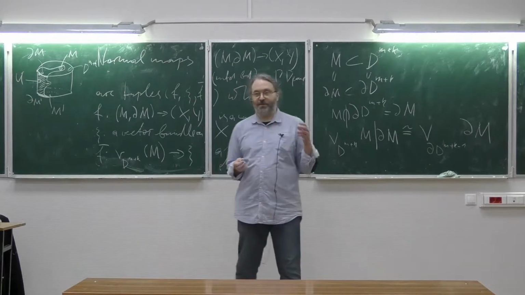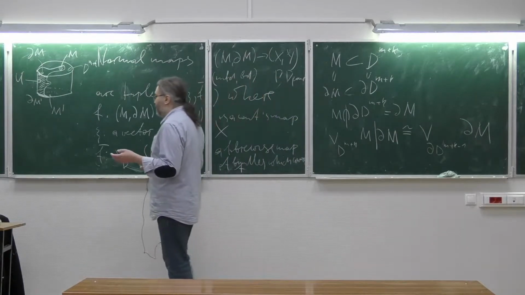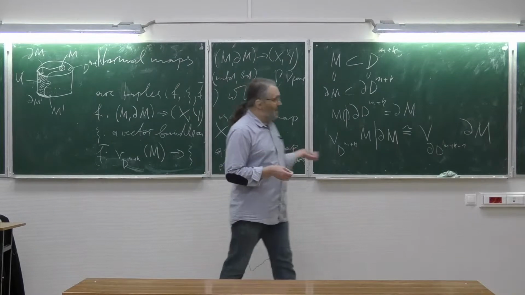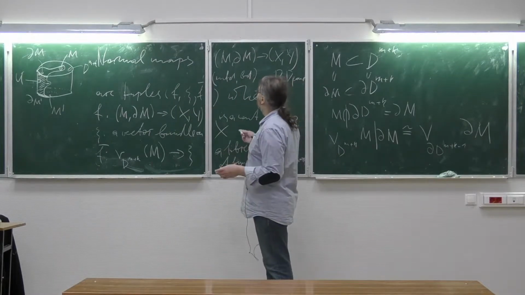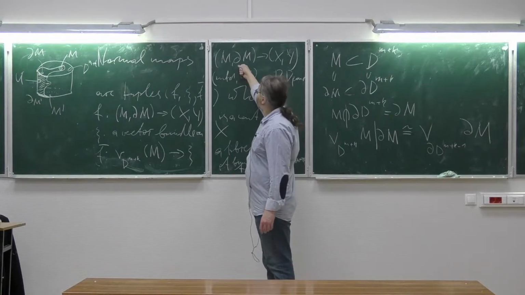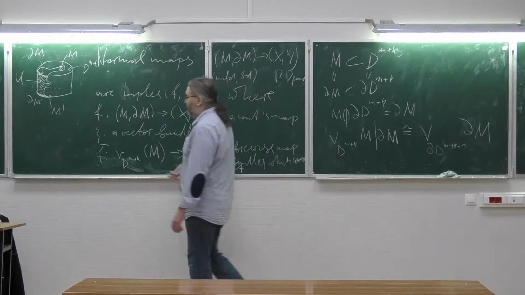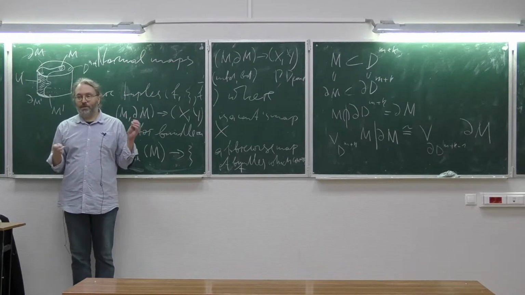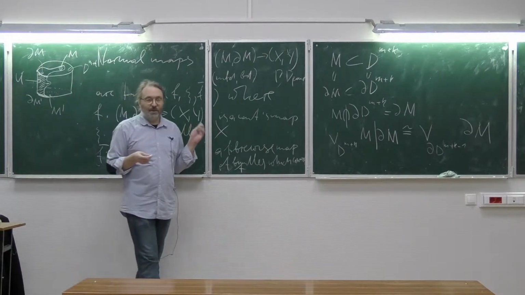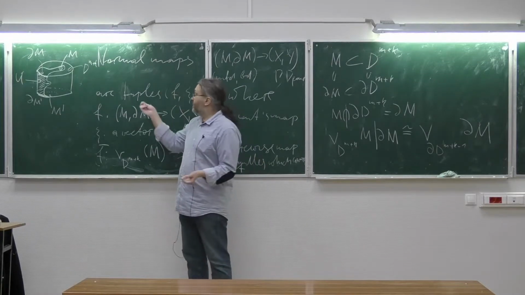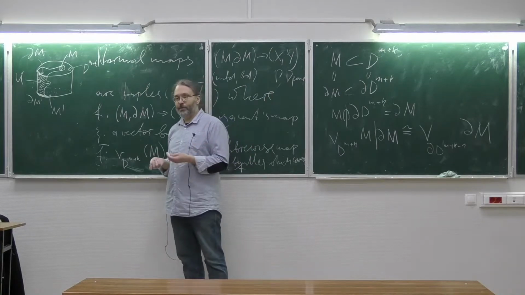Very briefly, the theorem says the following thing. Suppose I have a normal map which is a homotopy equivalence on the boundary. Then I can associate to this map an element of one of the following groups: Z, 0, Z/2, or 0, depending on whether the dimension mod 4 is 0, 1, 2, or 3.